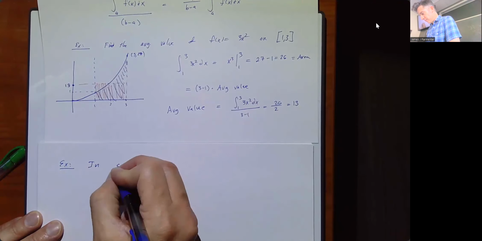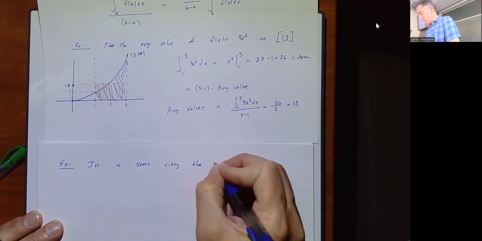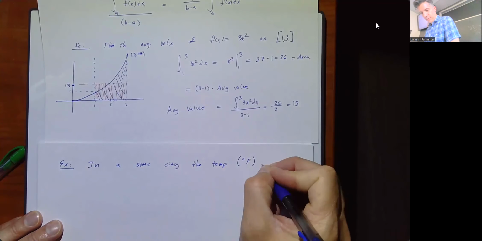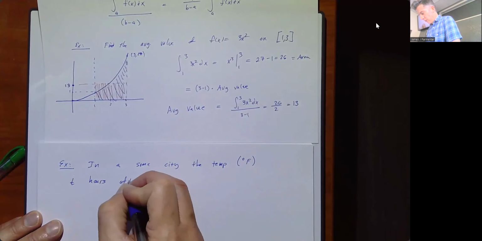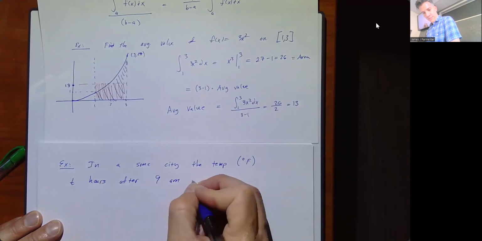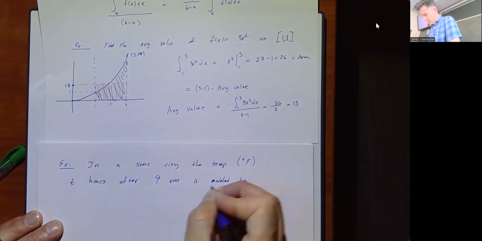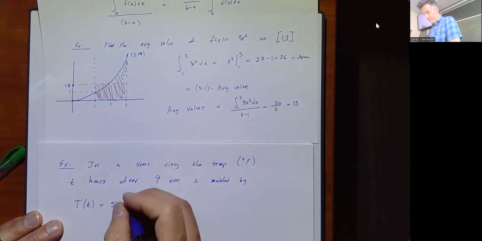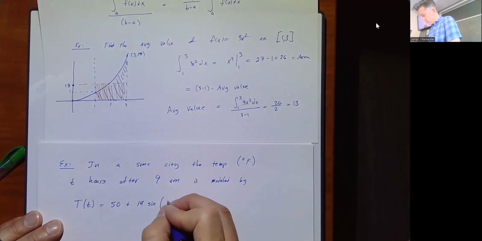In some city, I don't know what city, the temperature in degrees Fahrenheit, T hours after 9 a.m. is modeled by the temperature at time t is equal to 50 degrees Fahrenheit plus 14 times sine of pi over 12 times t.